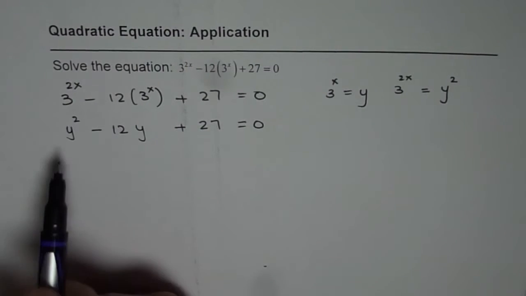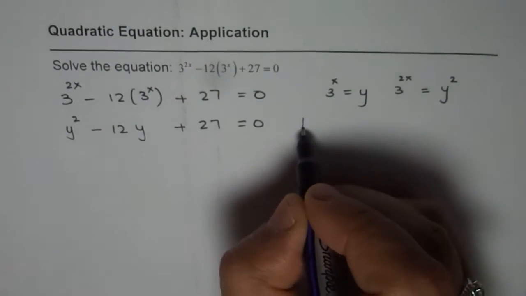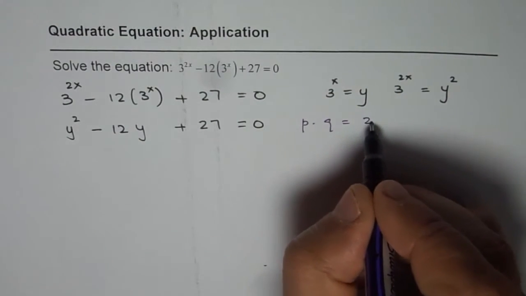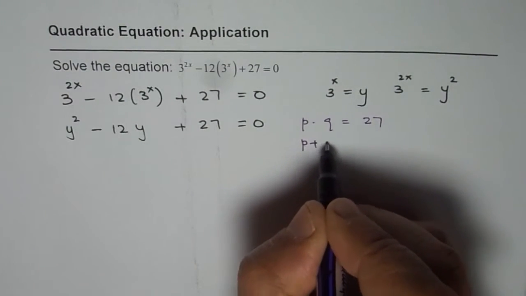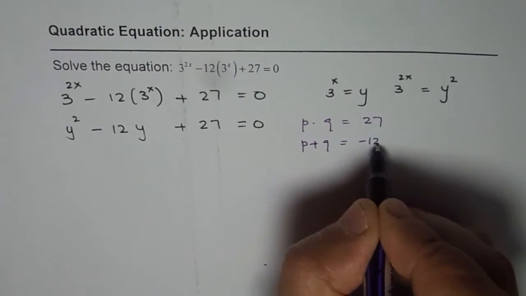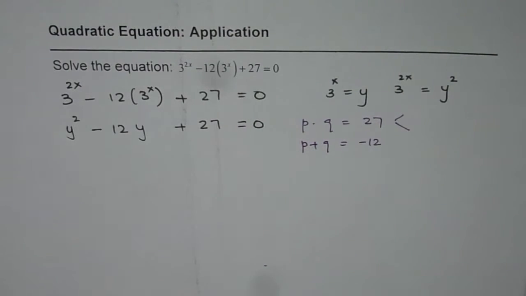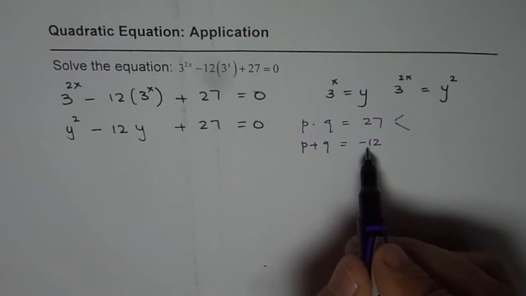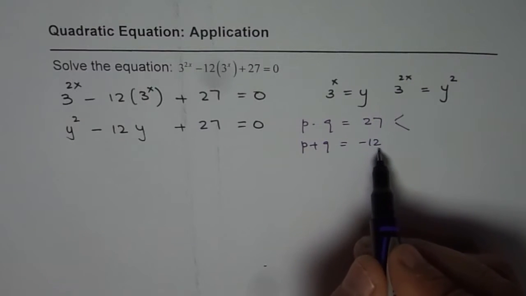Since the coefficient is 1, we are looking for two numbers p and q whose product should be 27 and whose sum should be equal to minus 12, right? Both numbers should be of the same sign since we want the product as positive, and they should both be negative since we want them to add to minus 12, correct?